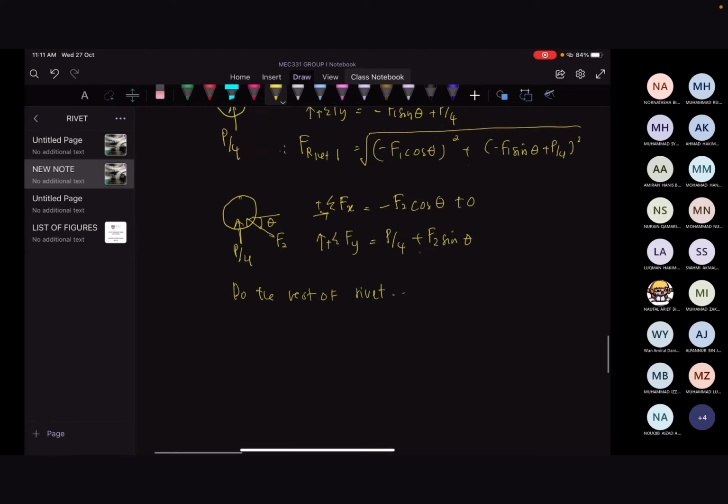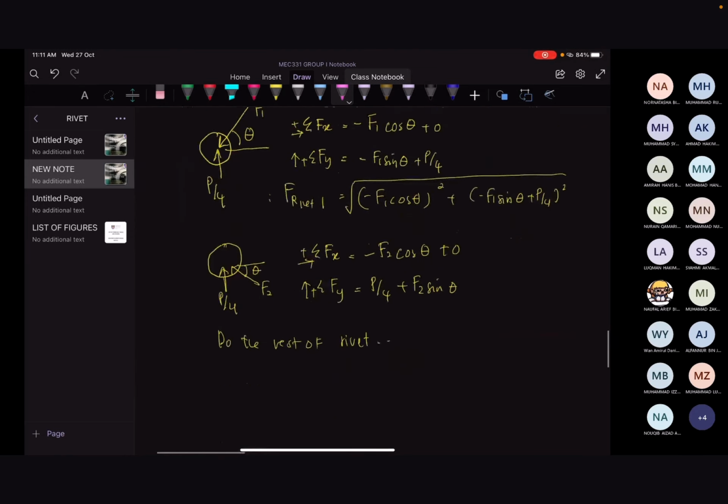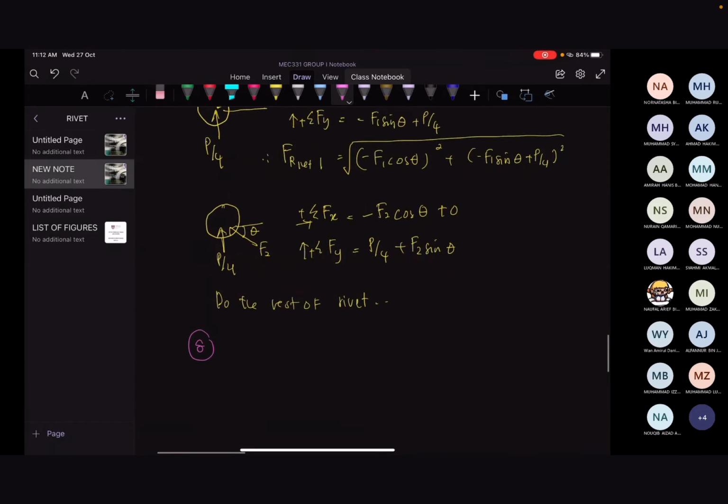Okay, so once we have found the resultant force, then we can do the next steps, number 7 and number 8. Identify the critical rivet. So how can we find the critical rivet?